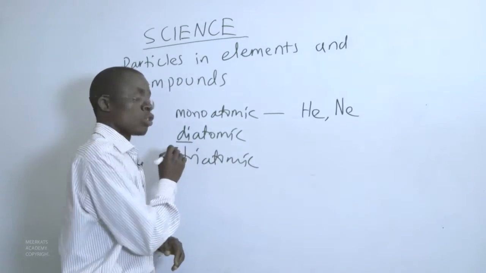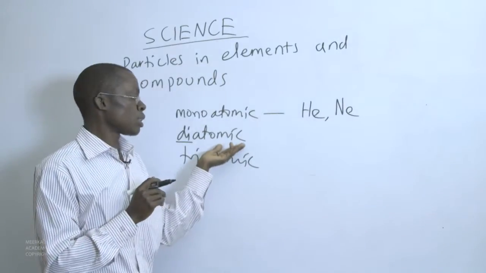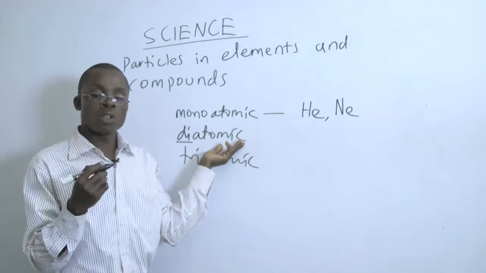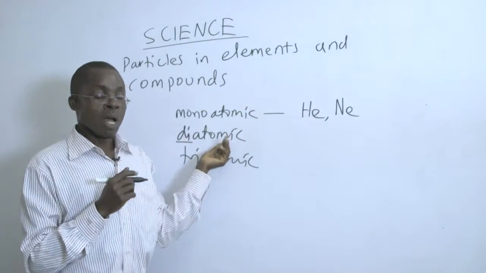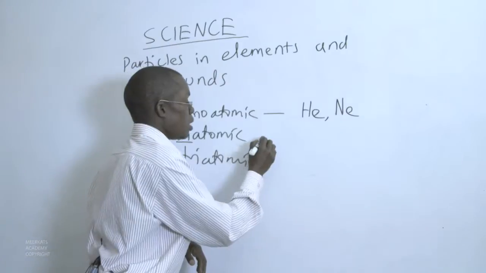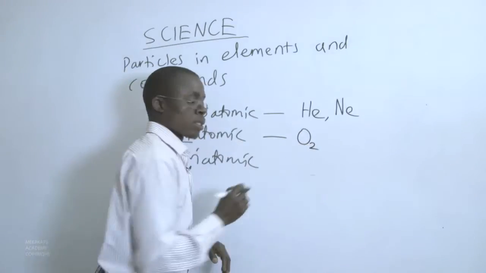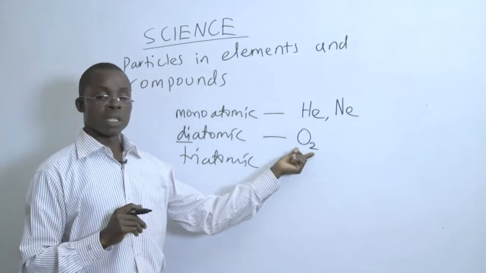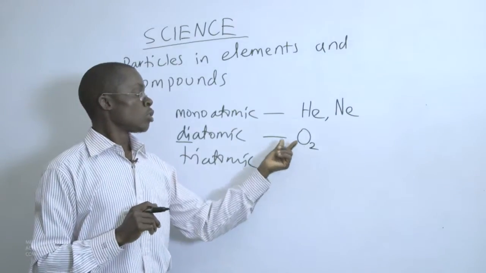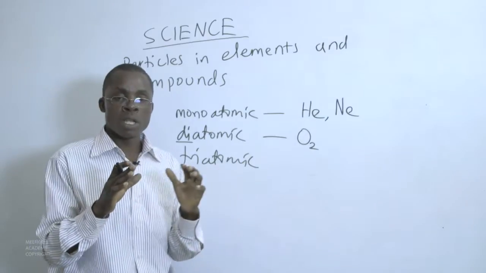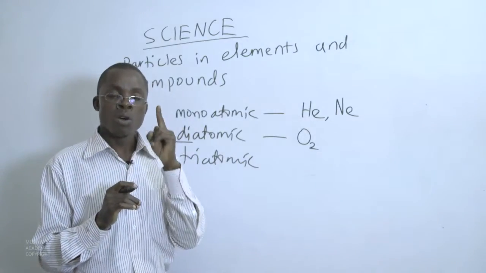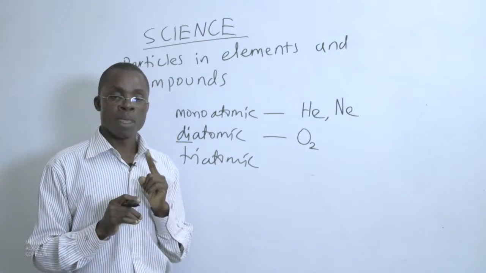Then we also have diatomic. Di meaning two. So these are gases that have two atoms together to form one molecule. A good example is oxygen gas, which is written this way, meaning that two oxygen atoms have come together to form one oxygen molecule.